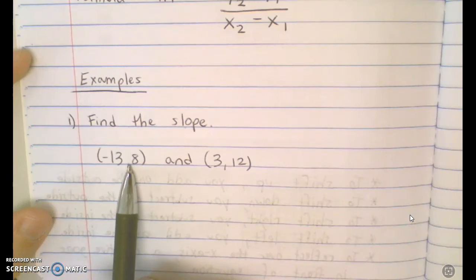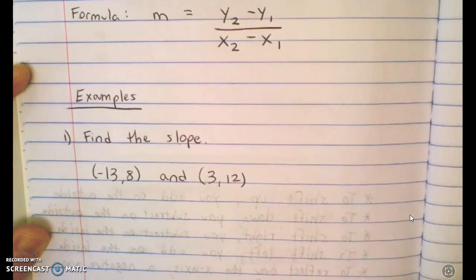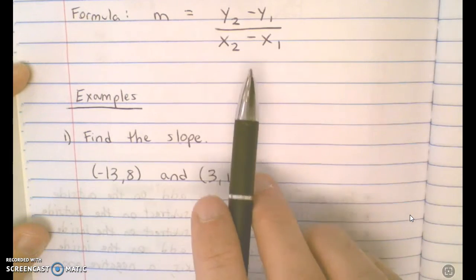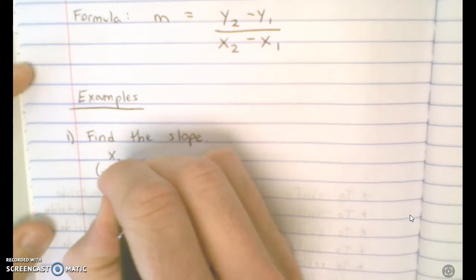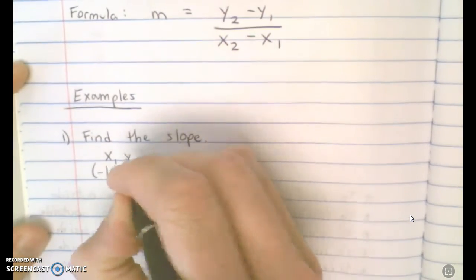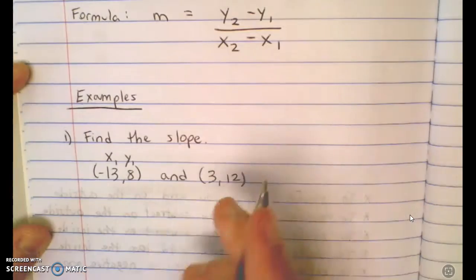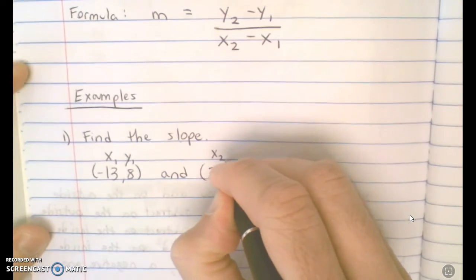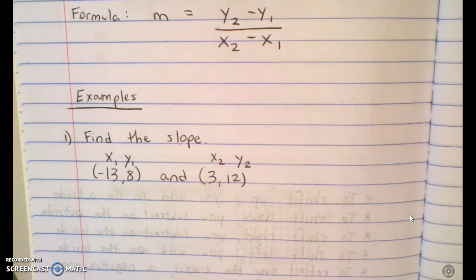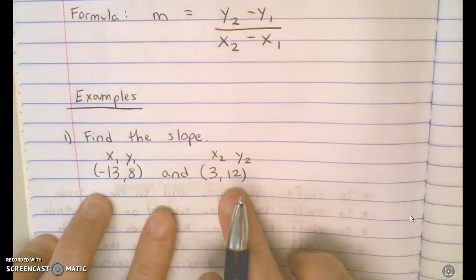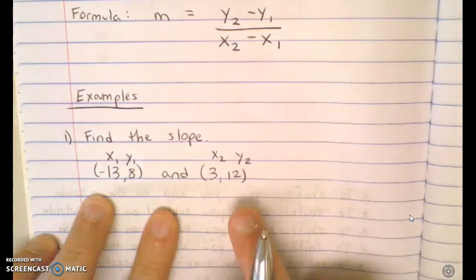What I like to do when I'm using the formula, remember our formula is right up here, is label these values. So I've got my x1 and my y1, because this is the first coordinate I'm looking at, and then my x2, y2, because that's the second coordinate. Now all I'm doing is plugging these numbers into the formula.